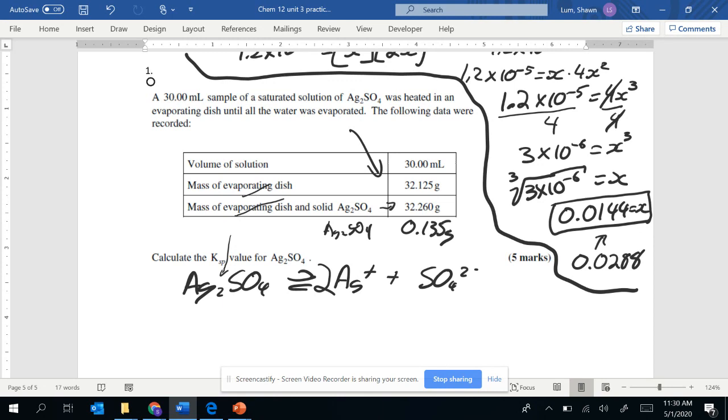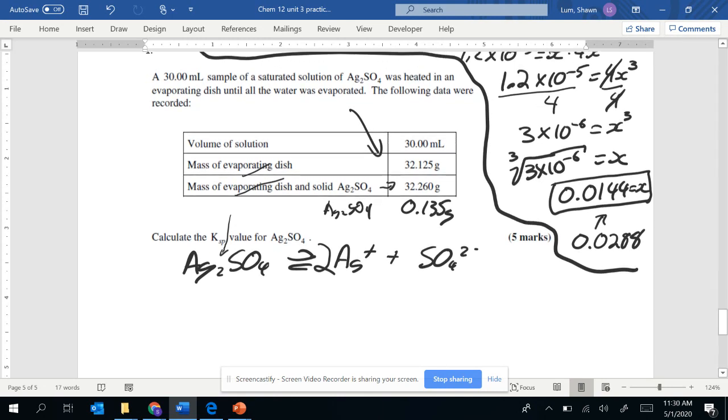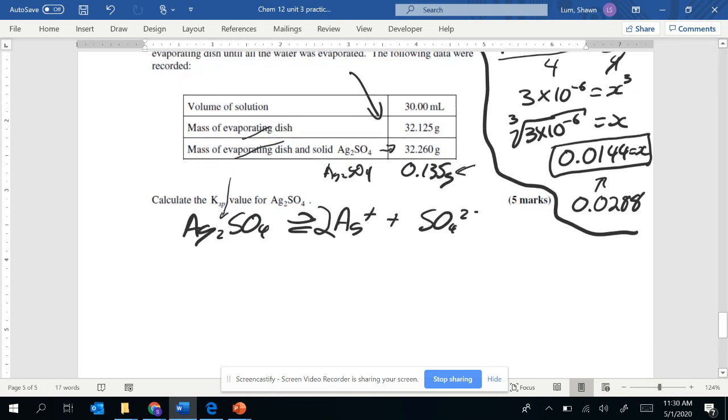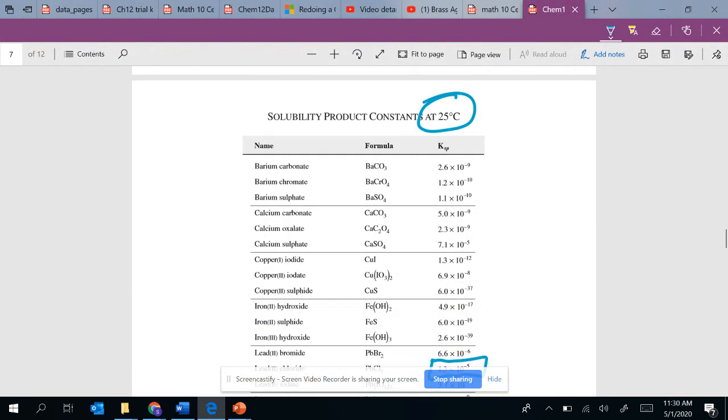I still didn't find the concentration of Ag2SO4, so I need to turn this into moles. I have 0.135 grams of Ag2SO4, and I'm going to find the molar mass. I have a periodic table here.